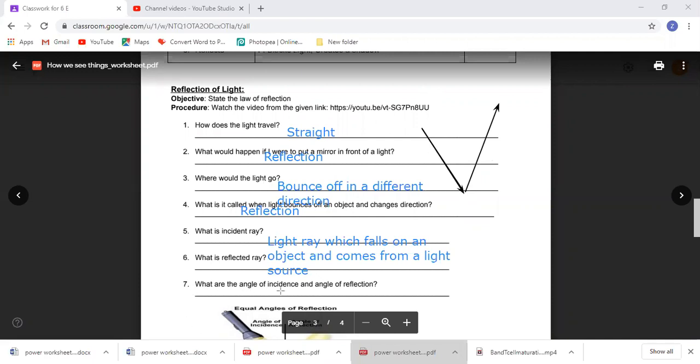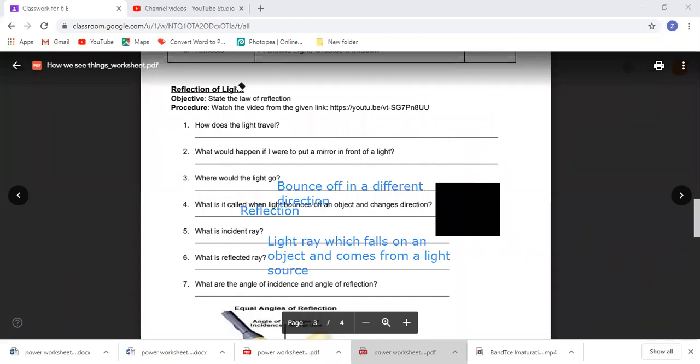So what are the angle of incidence and angle of reflection? So class, for example, if this is an object, let me just clear this line. So let's say this is an object. What is going to happen is that the light ray will be incident on this object.